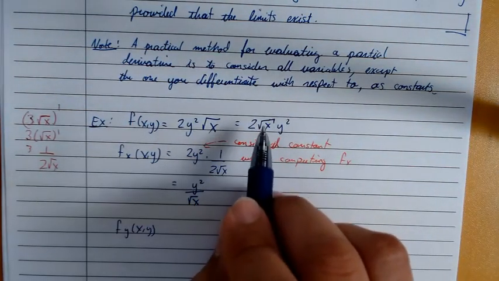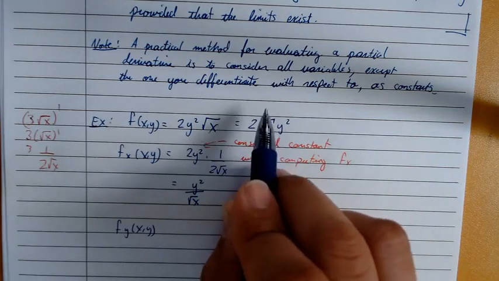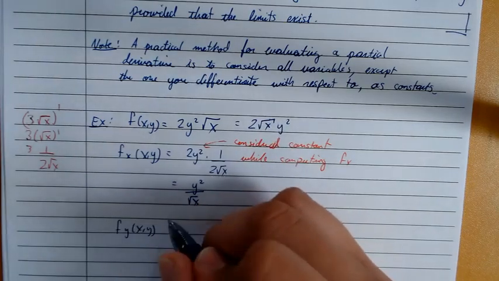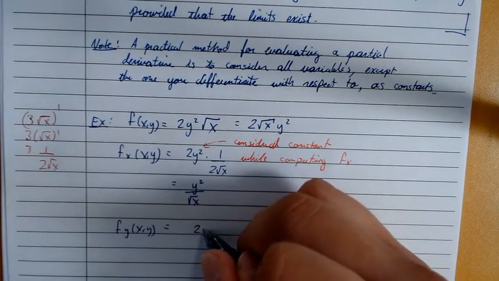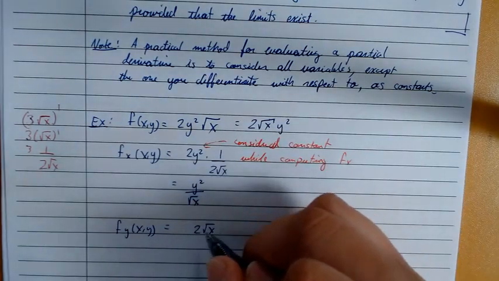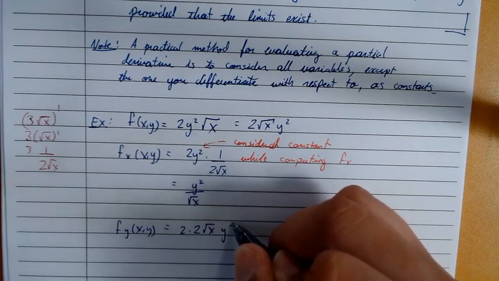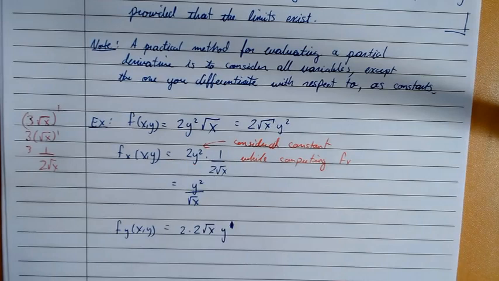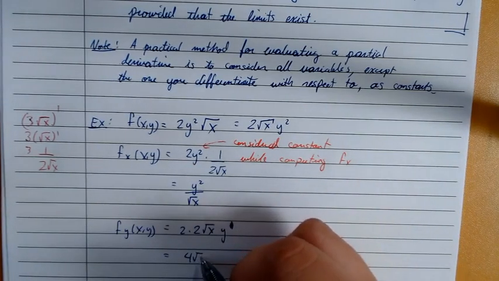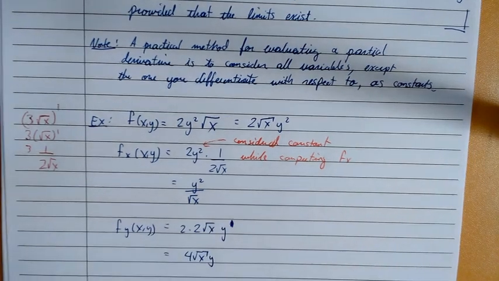Remember, when you take the derivative of constant times y squared, you just take that 2, bring it down, multiply it with this constant, subtract 1 from the power. So here that would be, leave your constant the way it was. Now take this 2, bring it to the front, and then subtract 1 from the power. So that's just power 1. And then multiply this out, and that'll give us 4 root x y. And there we go. Those are our partial derivatives.